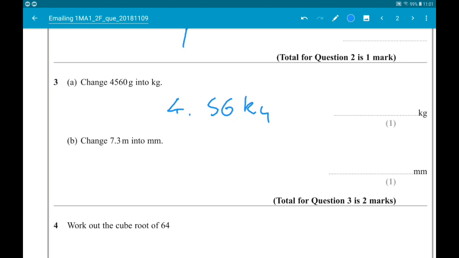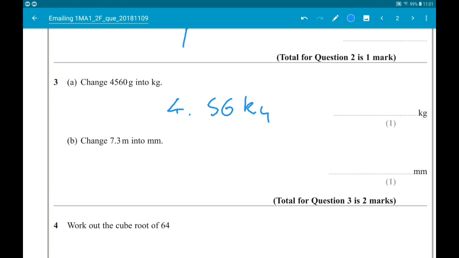Okay, then for part B, we want to change 7.3 meters into millimeters. Okay, so let's do this in 2 steps. Let's go to centimeters and then millimeters. So every meter is 100 centimeters.